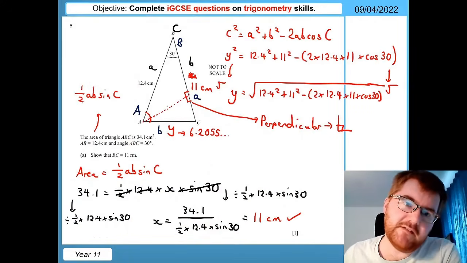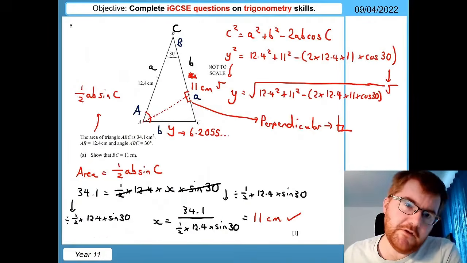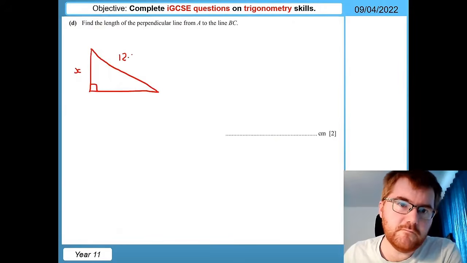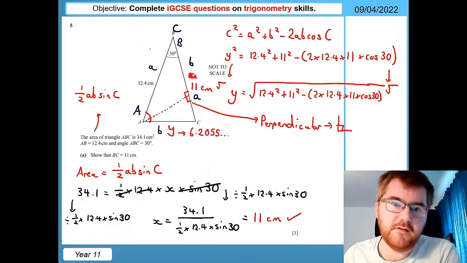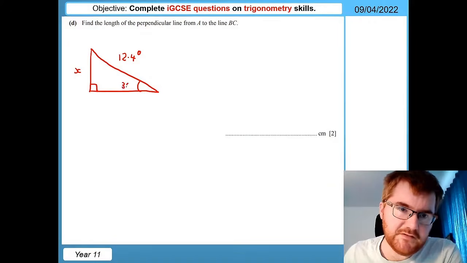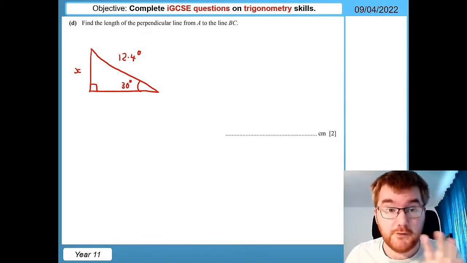I don't know this length, this is what I'm looking for. I know the hypotenuse because it's opposite the right angle is 12.4. And I know that this angle here is 30, which is over here. So I've just done a quick 2D representation of exactly the triangle I'm looking for here.